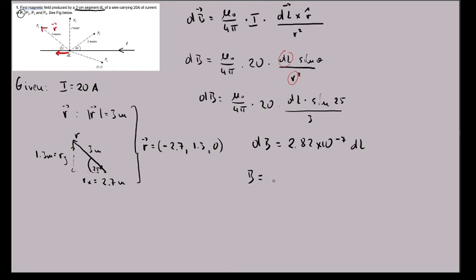So you could, if you wanted to, try to integrate it, and you'd integrate from 0 to 2 centimeters, but I think it's easy enough to see that this would be 2.82 times 10 to the minus 7th times the segment of the wire dl, which just becomes 2 centimeters, so 0.02 of a meter. And that would do. So then the magnetic field would be just 2 times this divided by 100, so we get 5.64 times 10 to the minus 9, and this would be Teslas.